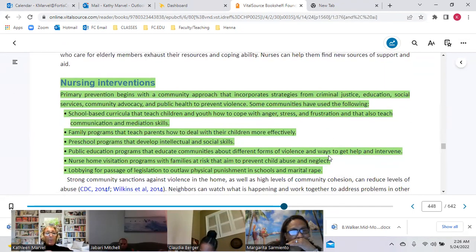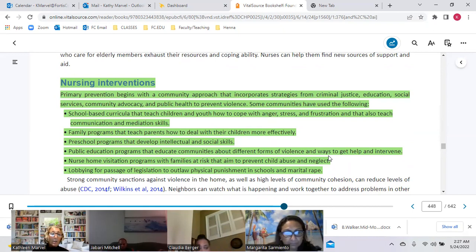So primary prevention. Primary prevention begins with community approach, right? This is nursing interventions to try and decrease violence. So we are trying to participate in primary prevention, which pulls in everybody that we need to in the community. It pulls in criminal justice, education, social services, community advocacy, and public health, all to try and prevent violence.